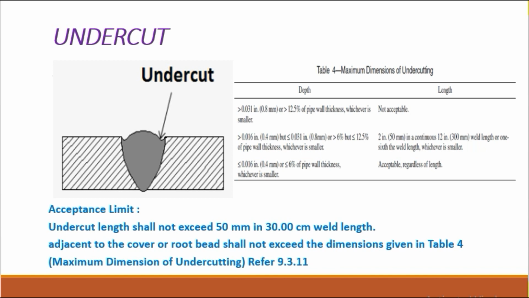If it is 0.8 mm depth, or 12.5 percent of pipe wall thickness, whichever is smaller, then 50 mm in continuous weld length, or one-sixth of weld length, whichever is smaller. So this is the acceptable limit of maximum dimension of undercutting adjacent to the cover or root width. The reference point is 9.3.11.